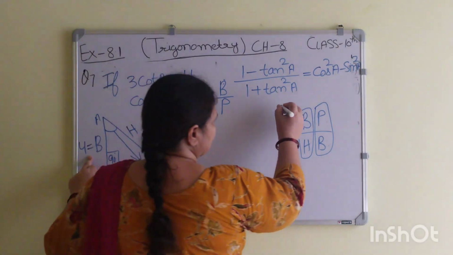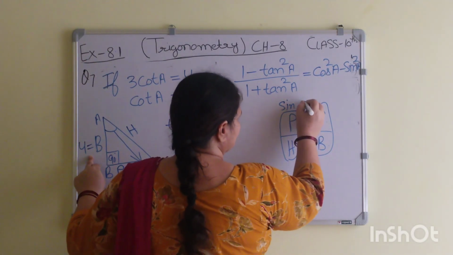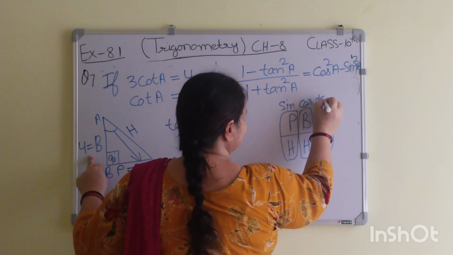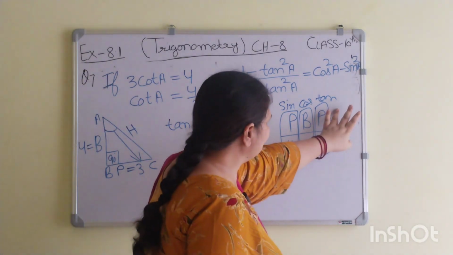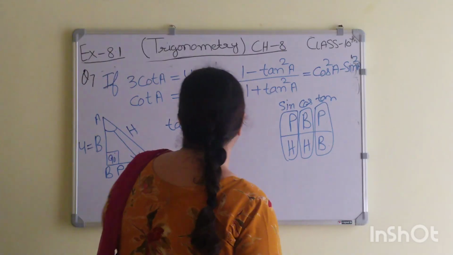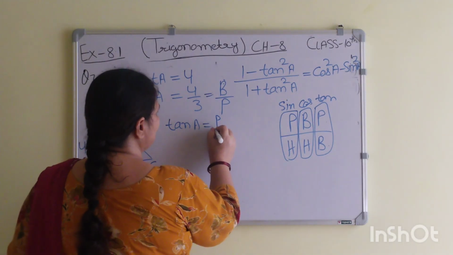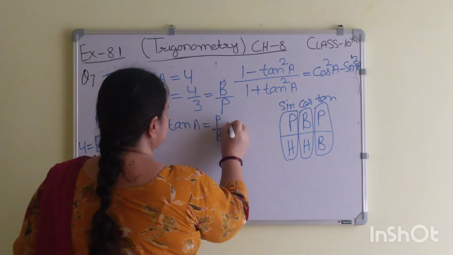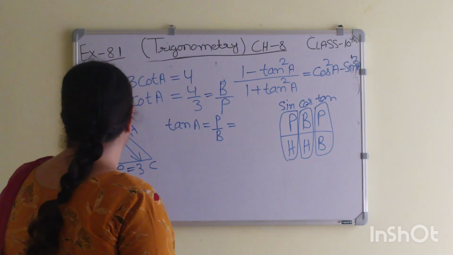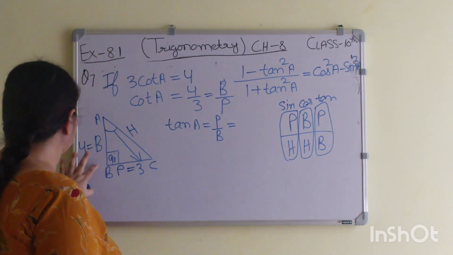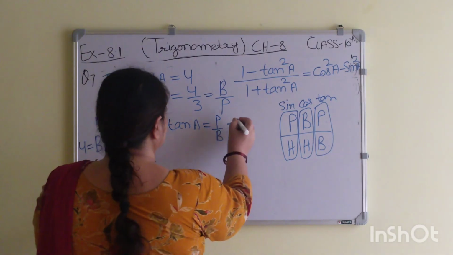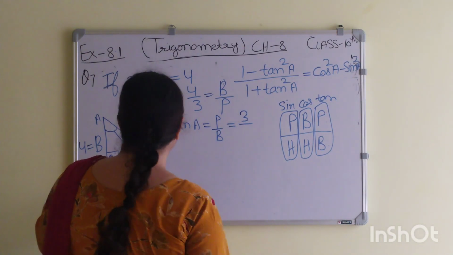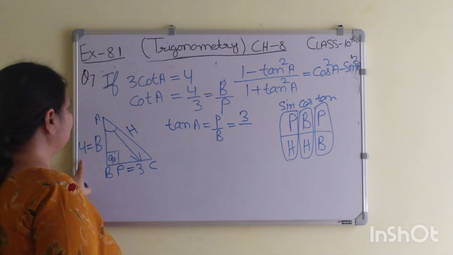Look students, this is for sin, cos and tan. Tan will be perpendicular upon base. Here perpendicular is equal to 3 and base is equal to 4.